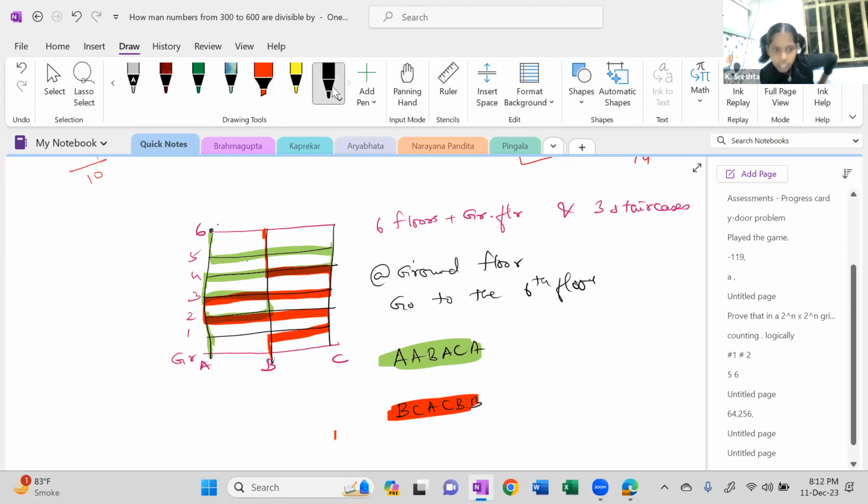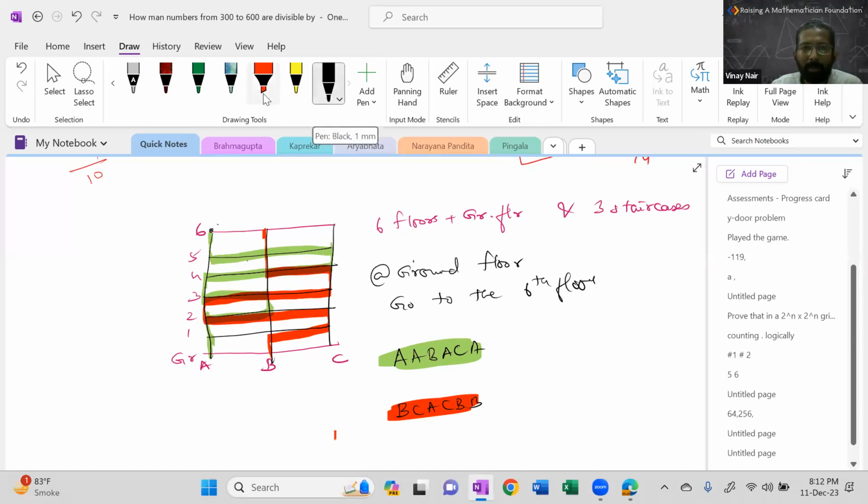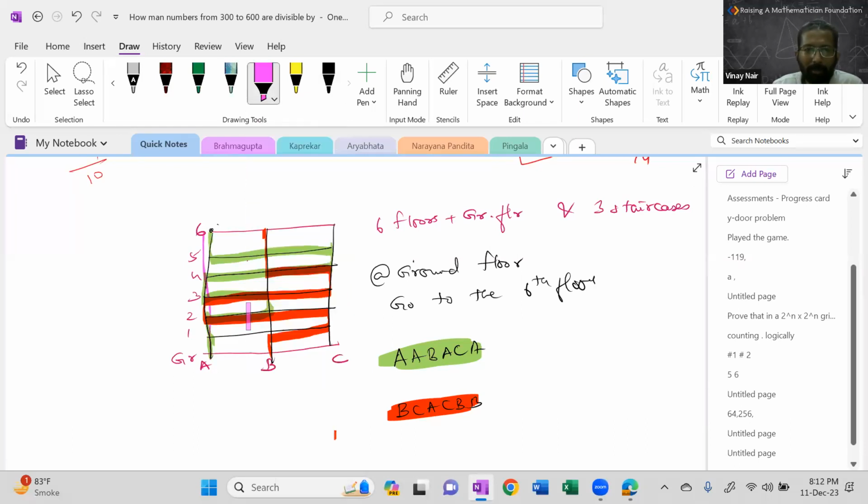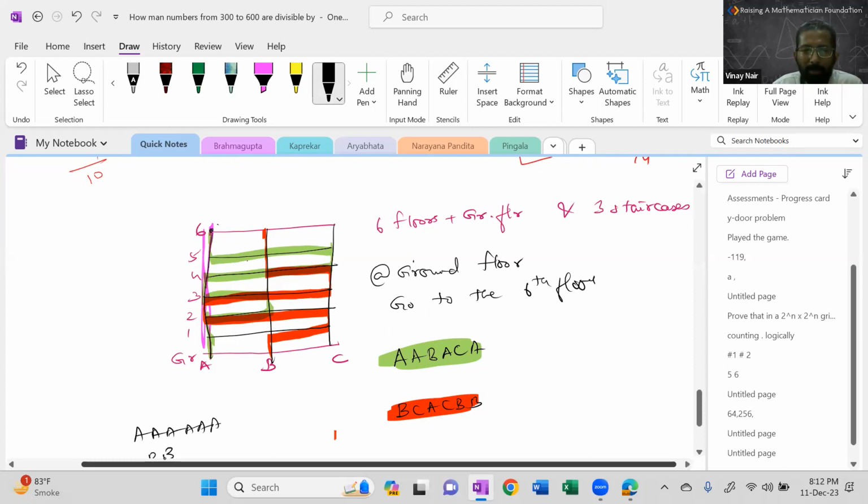Sir, I have one doubt. Can you go straight up? Sure. It's the last period and the bell is going to ring and you want to come up straight so that you can pick your bag and you can just go down. So that's going to be this path, A, A, A, A, A, A, or it can be B, B, B, B, B, B, right?